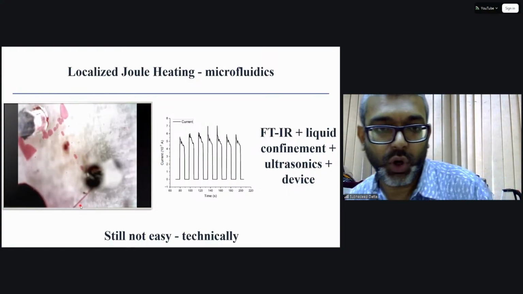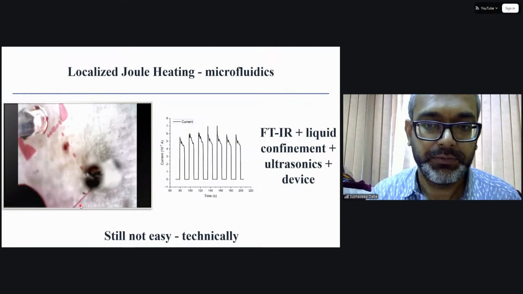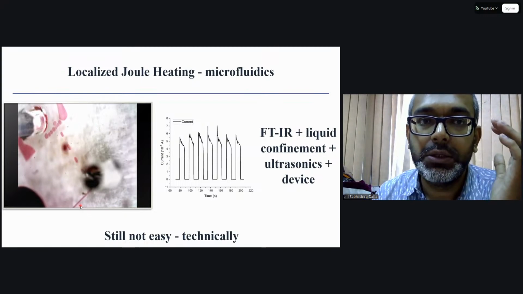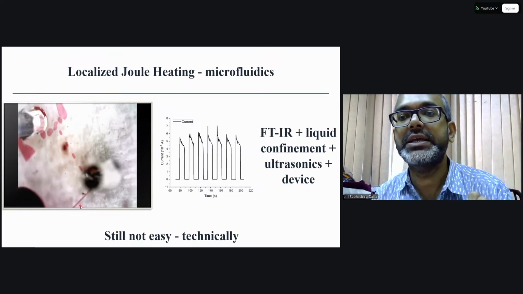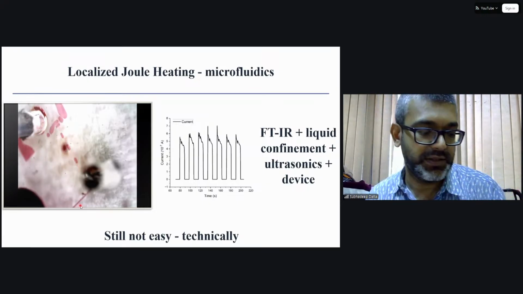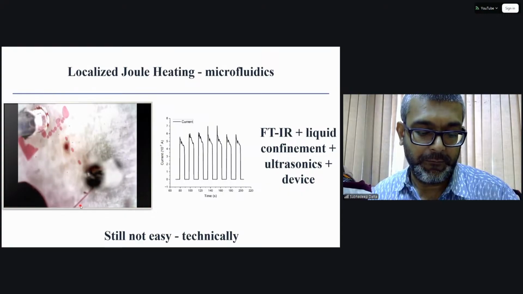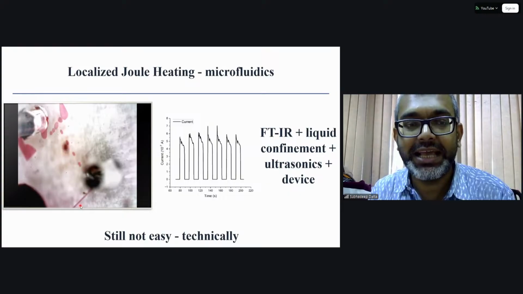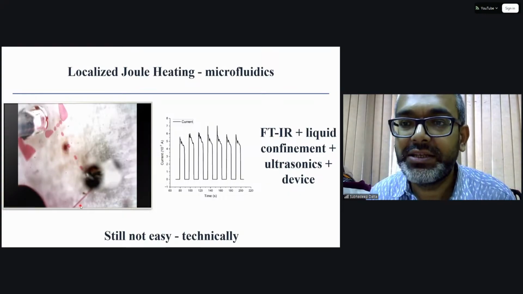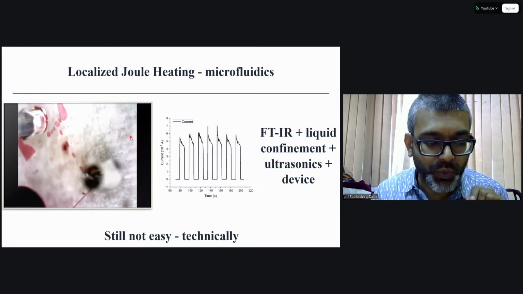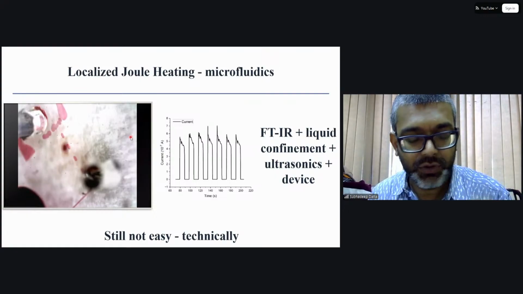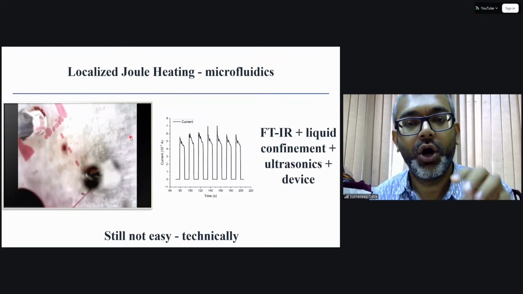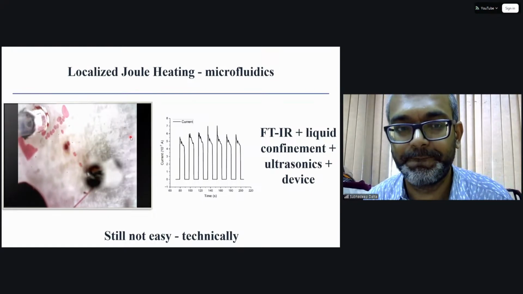I would like to conclude with this slide, that this localized Joule heating in this circuit is a prediction. How can we get the realization of this? You need microfluidics, because through that channel there should be some liquid which will be interfaced with this.